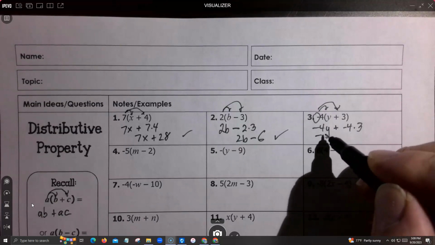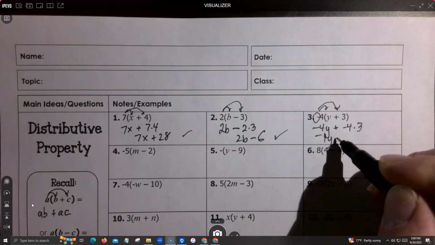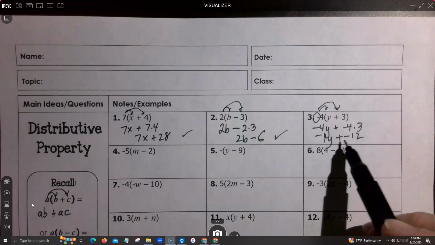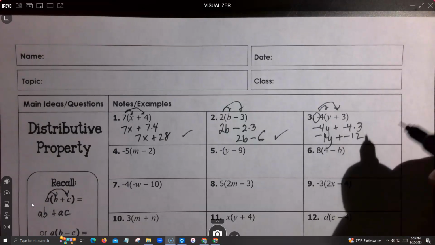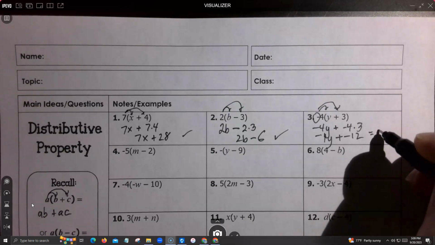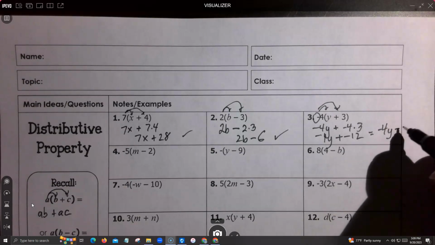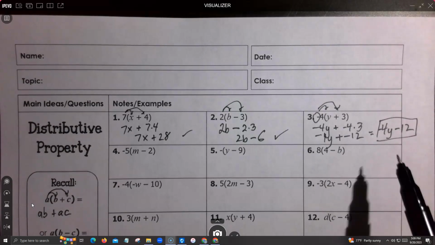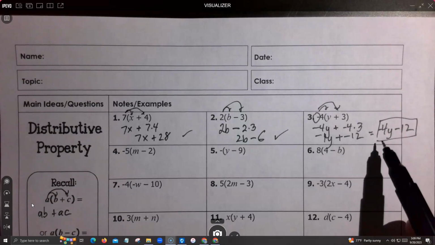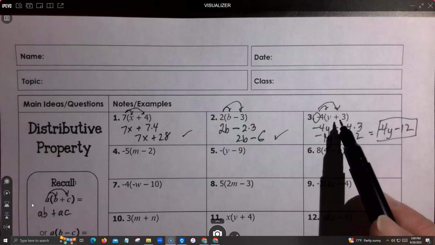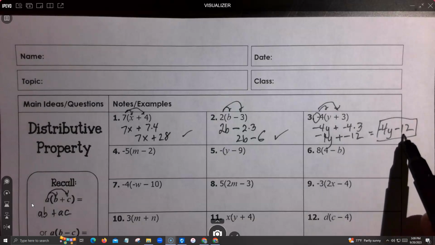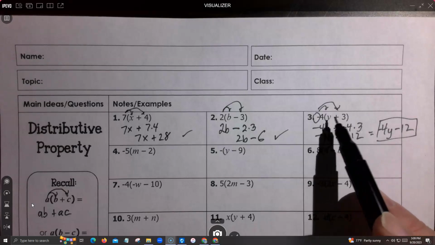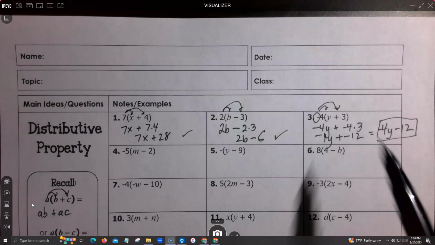So we get negative 4y plus negative 12. And every time you have a plus and a minus next to each other, you wipe out the plus sign. So our final answer is negative 4y minus 12. Notice that it was a positive y, now it's a negative 4y. It was a positive 3, now it's a negative number. So the negative on the outside will change the signs of the numbers on the inside.